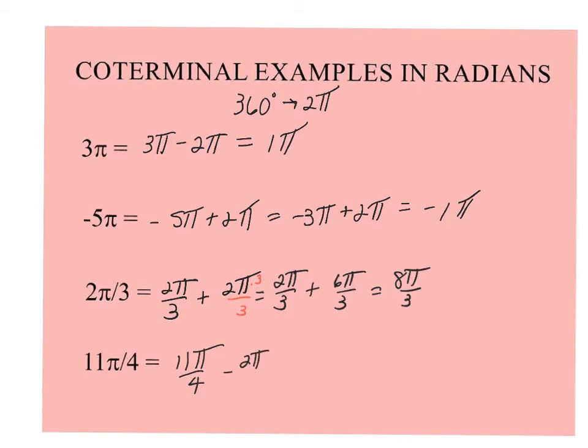It's up to you. Both will be coterminal. Still need a common denominator. So I'm going to multiply the denominator by 4 and then its numerator by 4 to get 8 pi over 4 for an answer of 3 pi over 4.